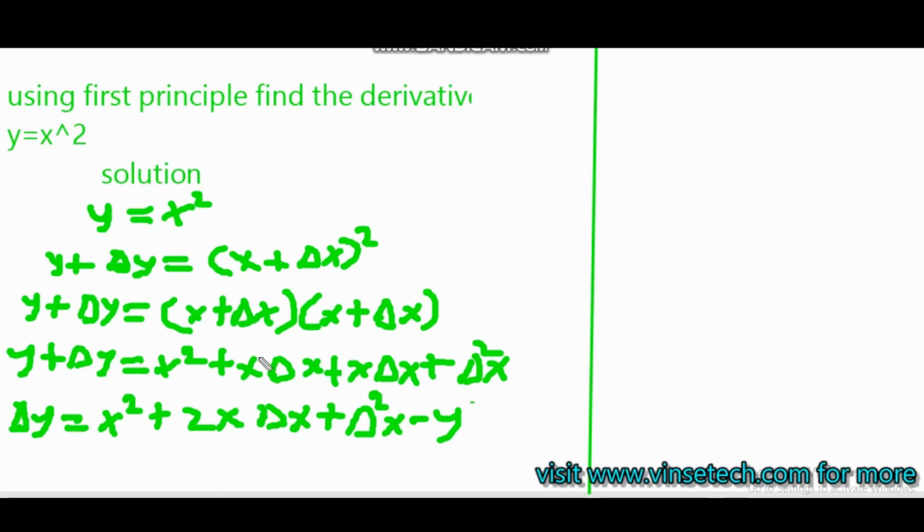So the next thing we have to do is replace y with x squared. Looking at the equation, y is equal to x squared, so we replace this y with x squared.